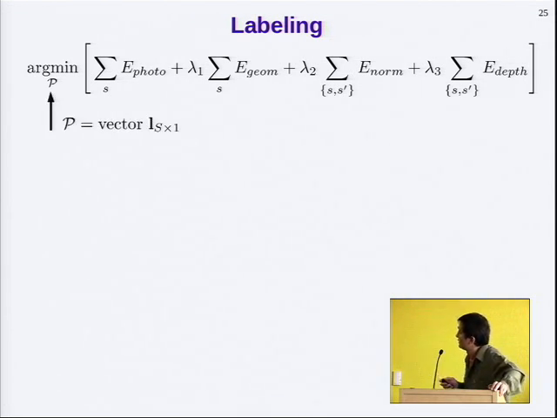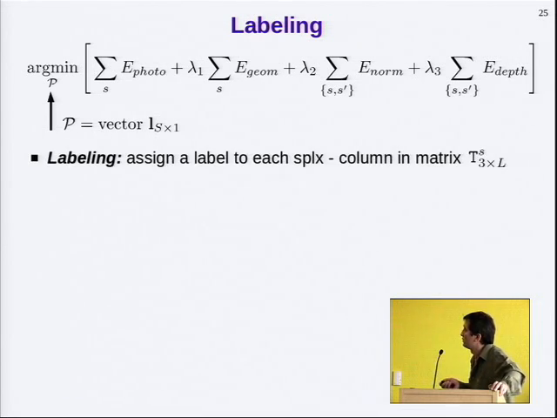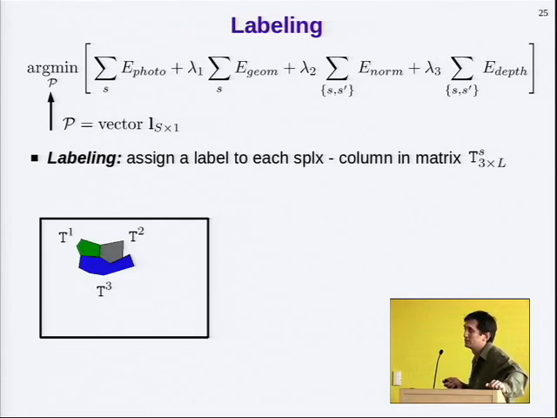But we restricted it to optimize over only a subset of normals and a subset of depths, and therefore this will be the S-dimensional vector L. The labeling problem is to assign a label to each superpixel, just to pick one column from the matrix T_S for each superpixel. Let me explain it on a toy example.